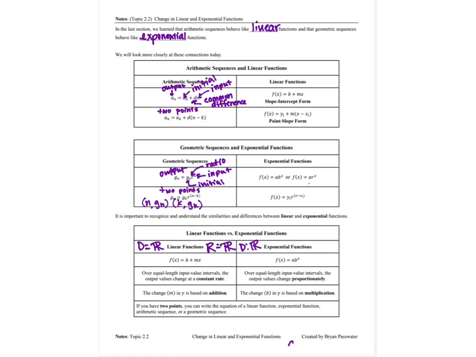Exponential range for just the regular parent function, y equals b to the x. So let it be a positive base, a positive x power. Range is going to be all positive numbers. Let's say y is greater than or equal to... No, because you can't touch. That is an asymptote. Y is greater than 0.